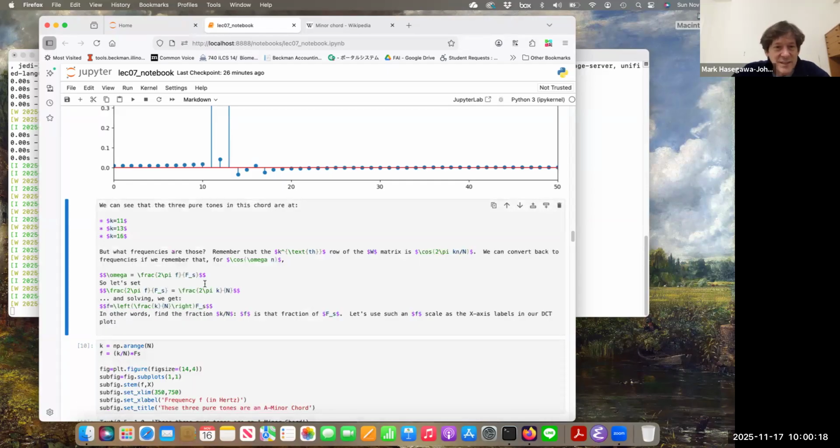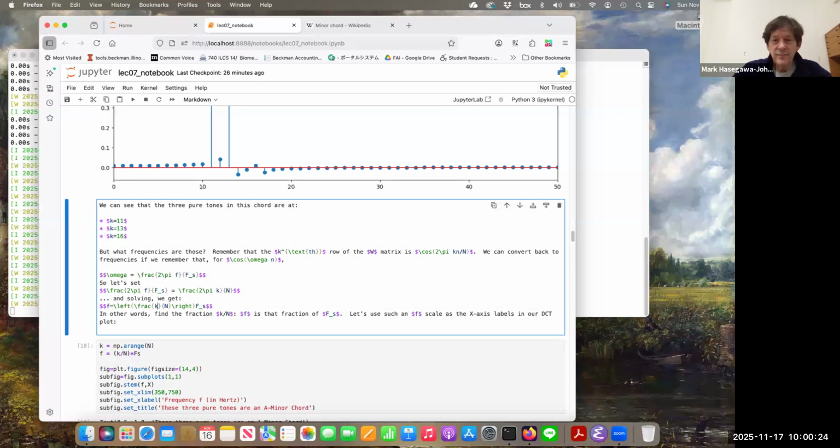We can say that k is in periods, divided by n, which is in samples, multiplied by f sub s, which is in samples per second.